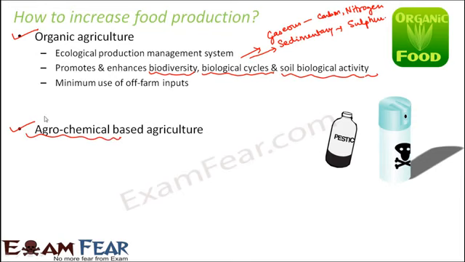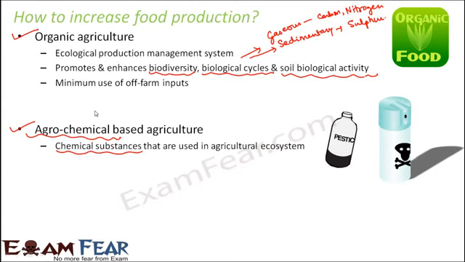So it is like agriculture with chemicals. Here chemical substances are used in the agricultural ecosystem. So we make use of chemical substances in order to get better productivity from the plants. So what are the chemical substances we are talking about? These chemical substances could be chemical fertilizers, herbicides, insecticides, pesticides.